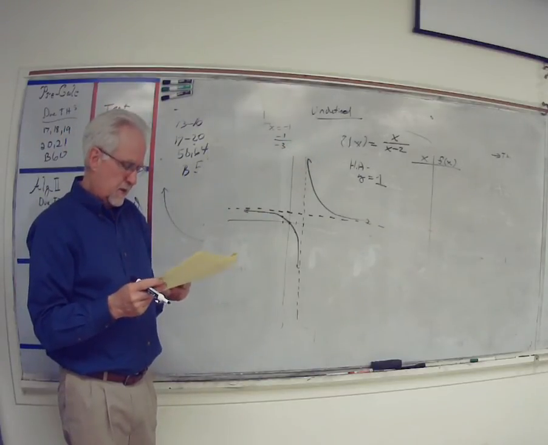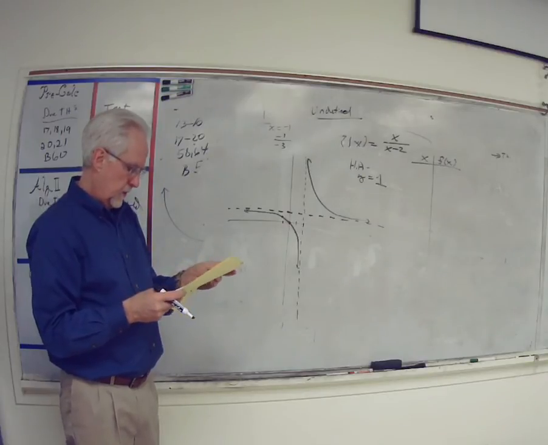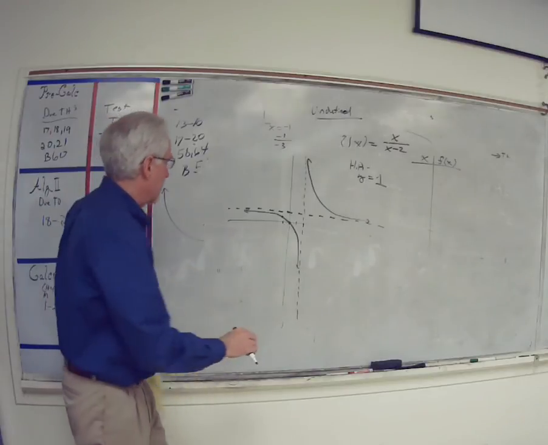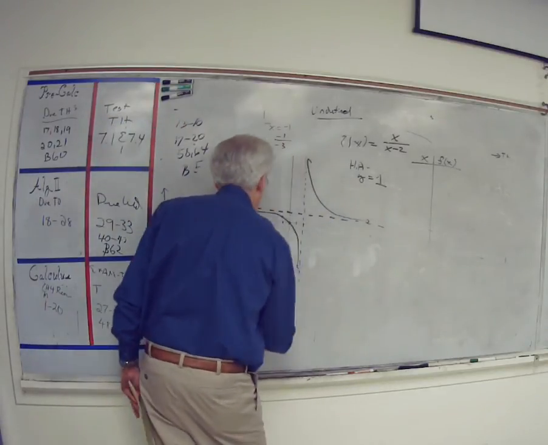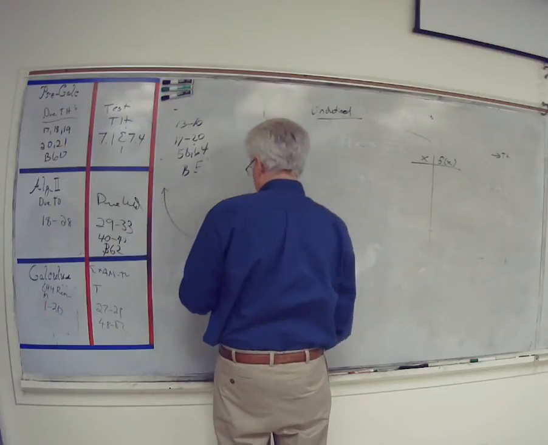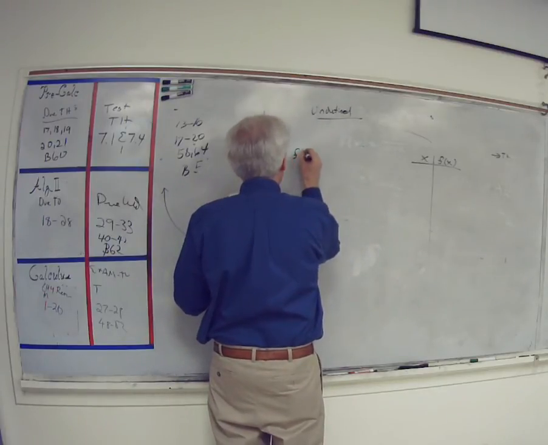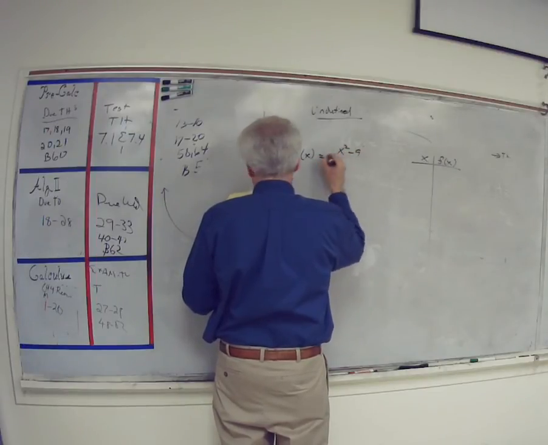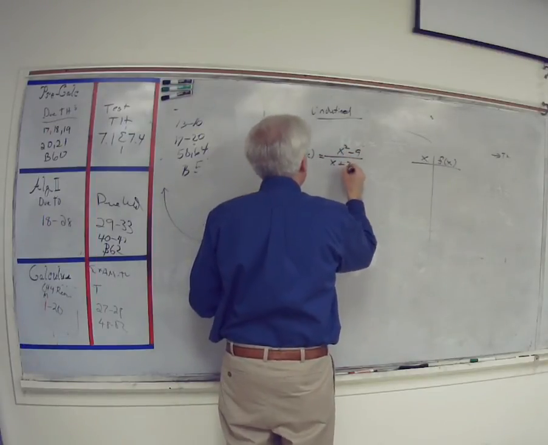All right? So let's do one more. I want you to graph f of x is equal to x squared minus 9 over x plus 3.